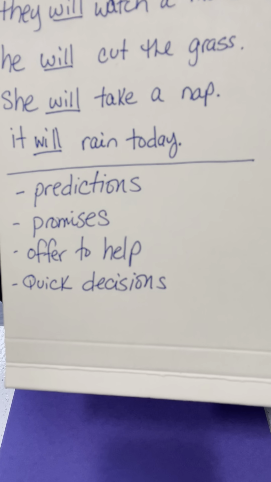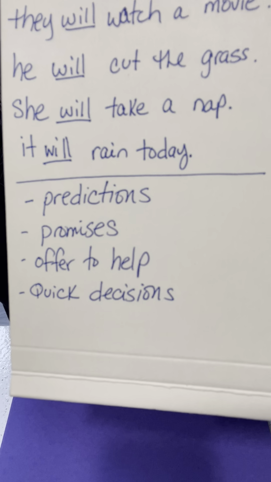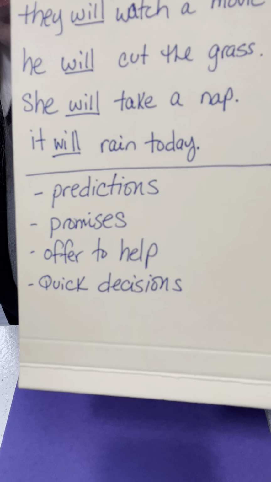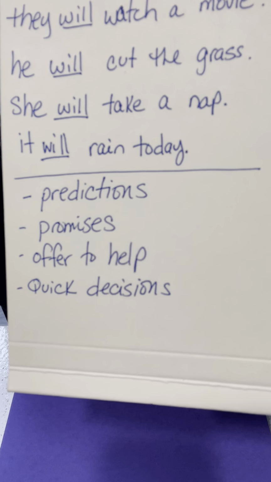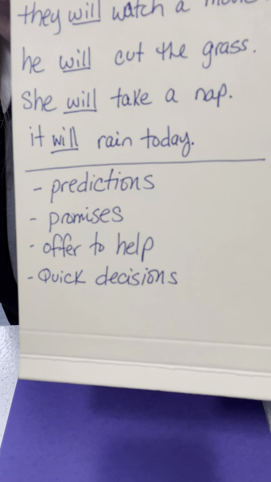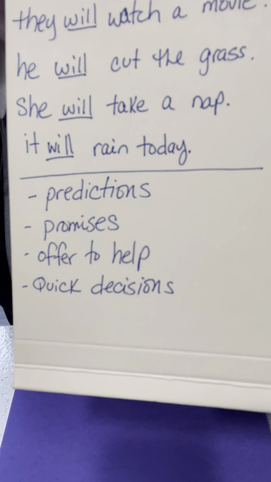If a child is standing up on a chair and you want the child to get down because there is a big chance he or she may fall, you could say, get down because you will fall.